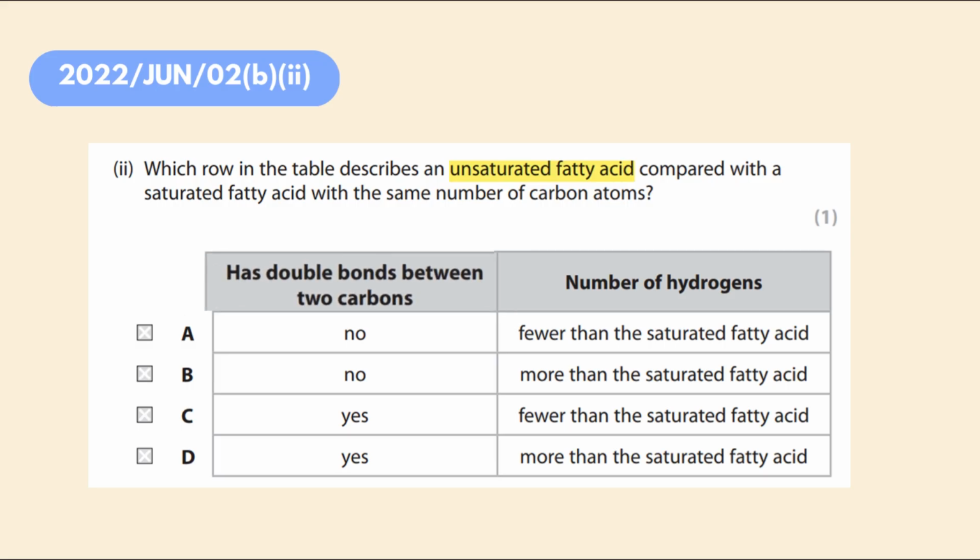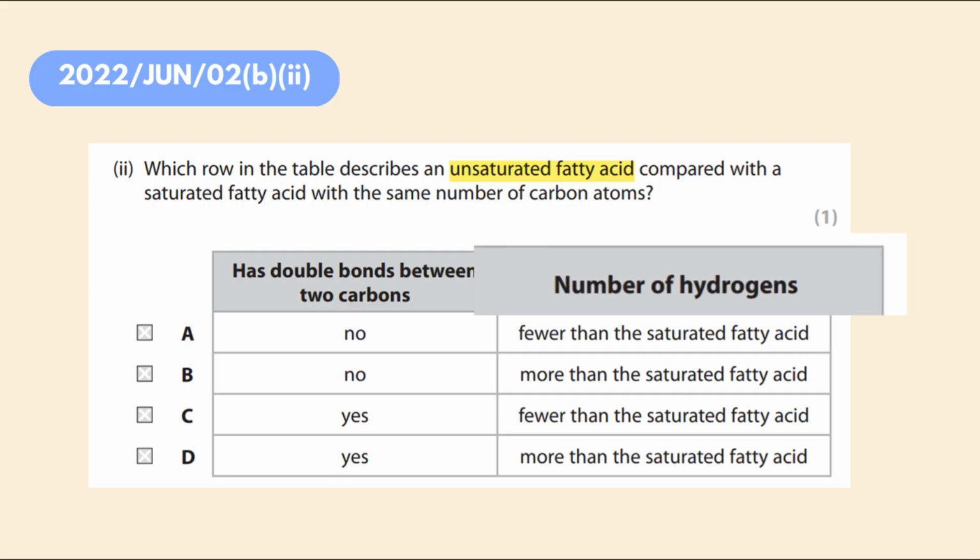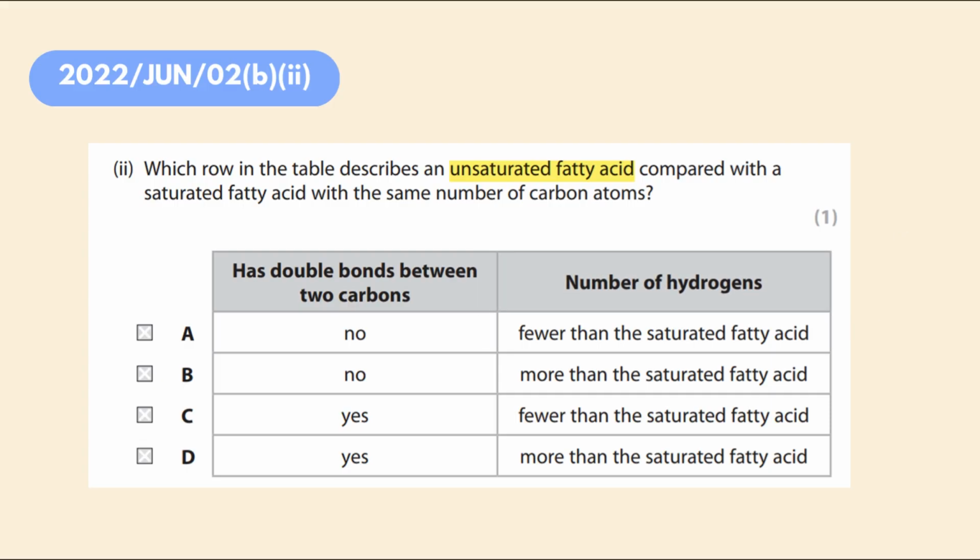It's obvious. Because of these double bonds, unsaturated fatty acids have fewer hydrogen atoms compared to saturated fatty acids with the same number of carbon atoms. And this question focuses on the number of hydrogen, not the carbon to hydrogen ratio. So the answer: yes and fewer.